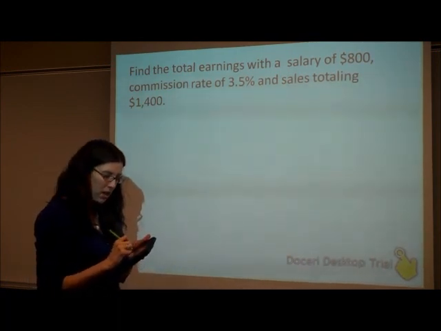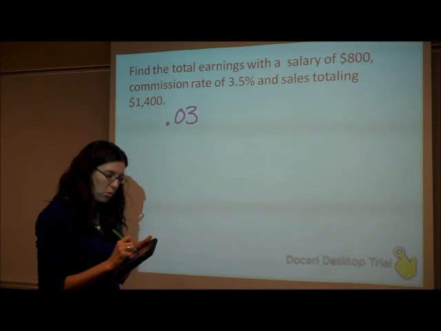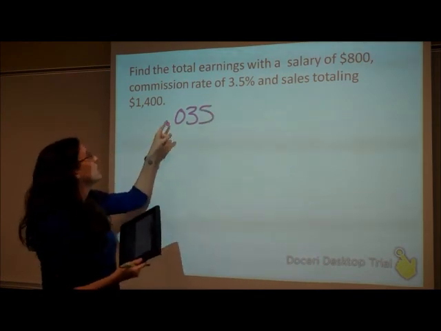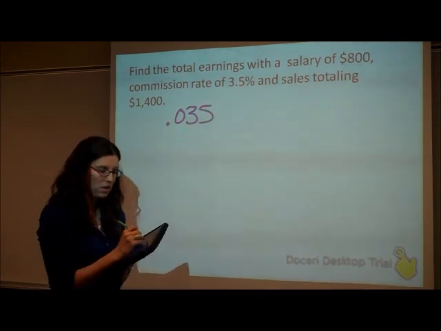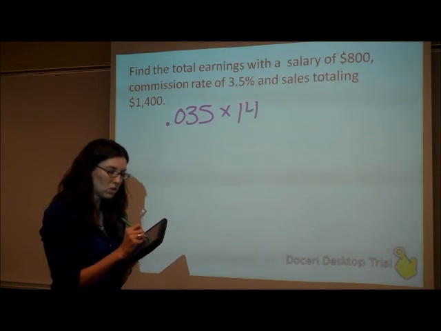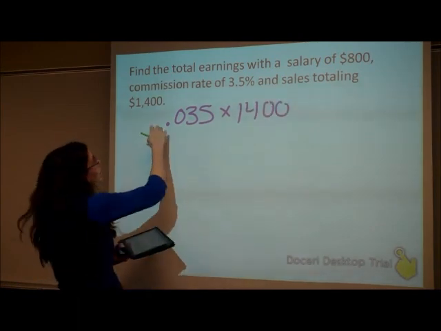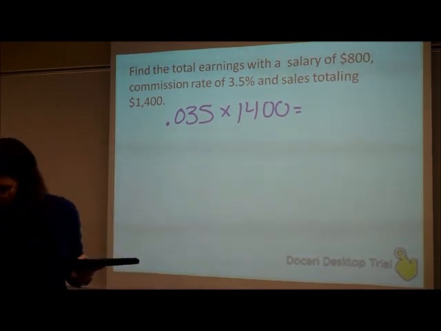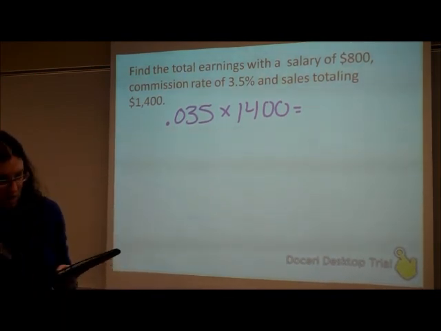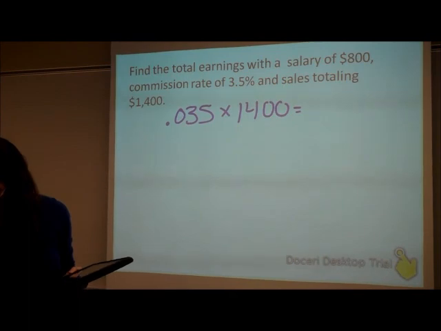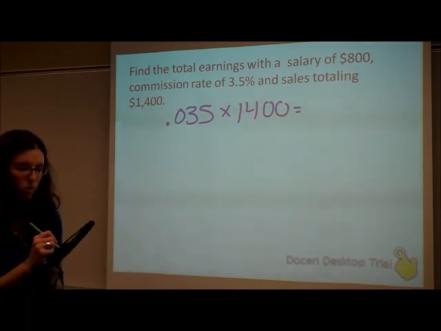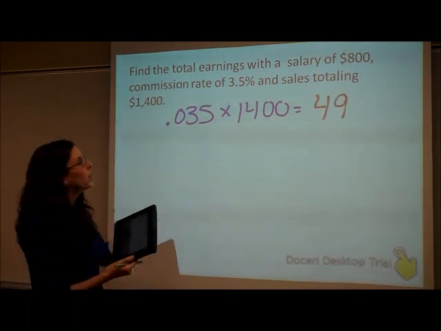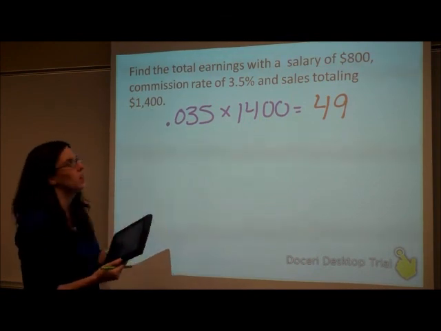So I need to take 3.5%, which would be 0.035, times my sales. So be sure you're using the correct number. Okay? So just for my commission, times 1400, you get 49. So they get $49 for selling all of that.